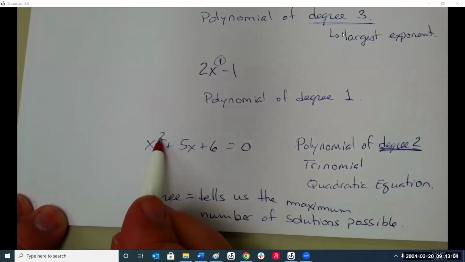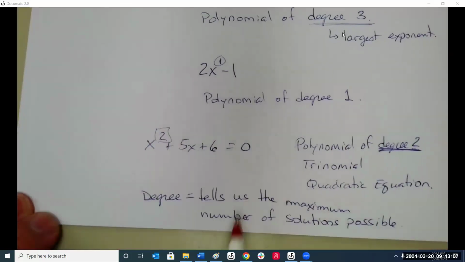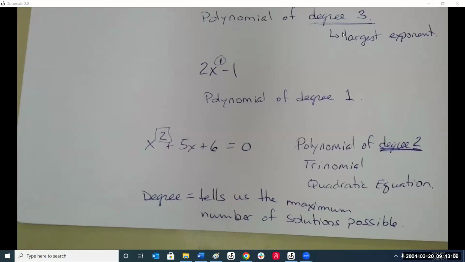So the degree of this one, it's a degree 2, which means we can have at most 2 solutions.